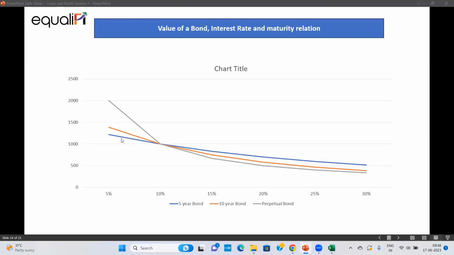Next, coming to the 10 years bond. A 5 years bond is slightly more flat compared to a 10 years bond, so a 5 years bond will have a minimum impact on the price with change in rate of interest. That is what the picture tries to show.